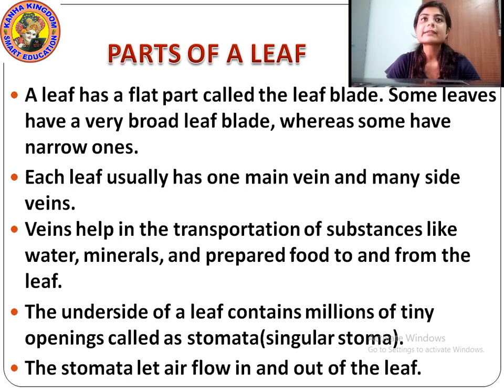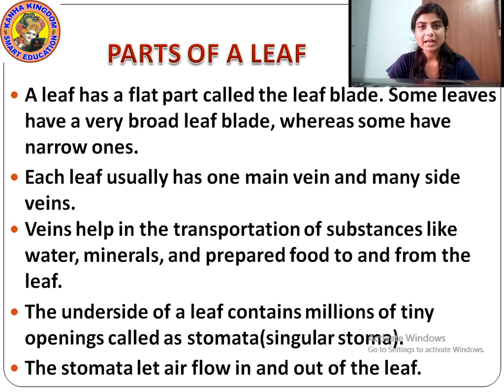Understood? So these are the different parts of the leaf. First, it has a leaf blade, which is also called lamina. It is different in different plants. In some plants it may be broad and in some plants it may be narrow. Then each leaf usually has one main vein, also called the midrib, from where several veins come out.